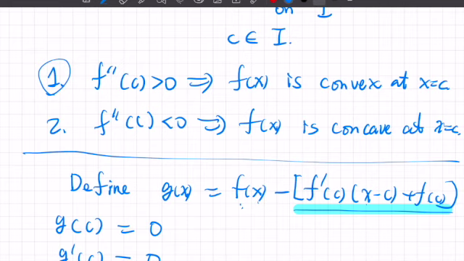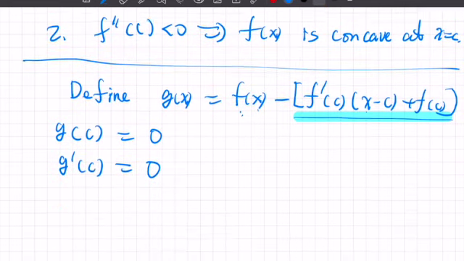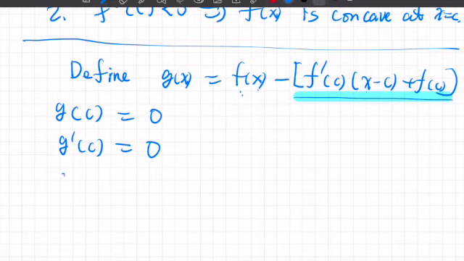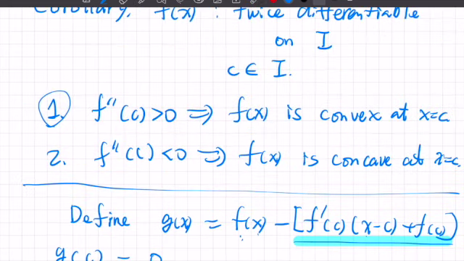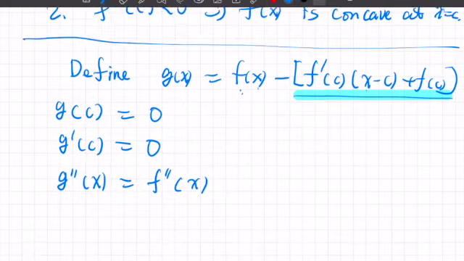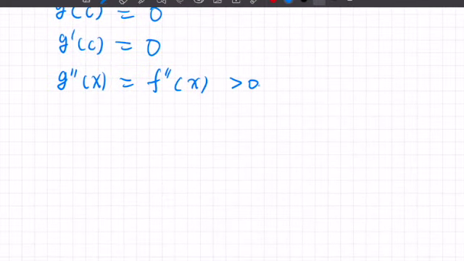So let's differentiate it. If you differentiate g of x twice, then that is actually equal to the second derivative of f. You should check that. And by assumption, this is positive.